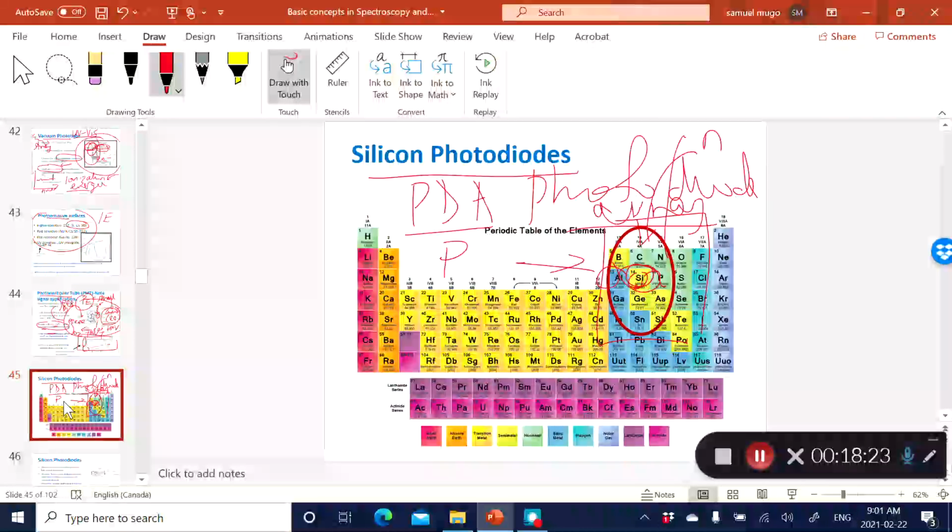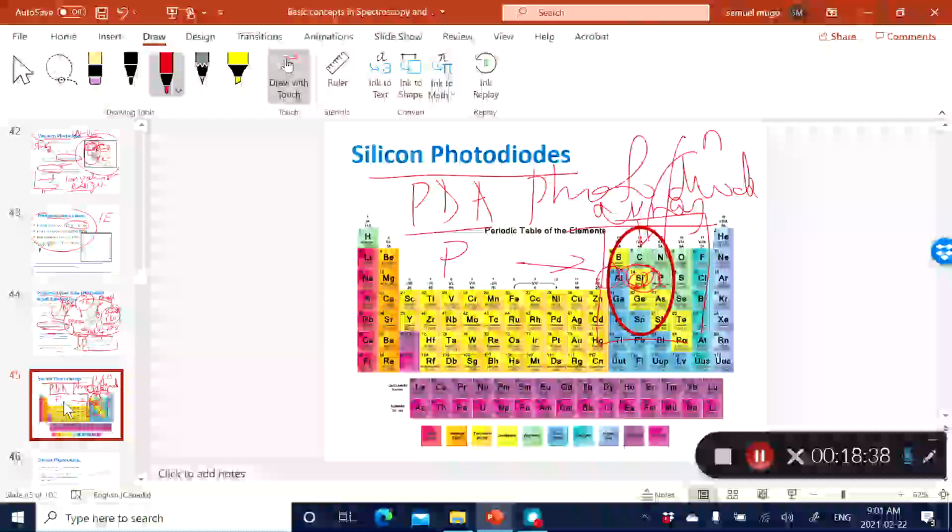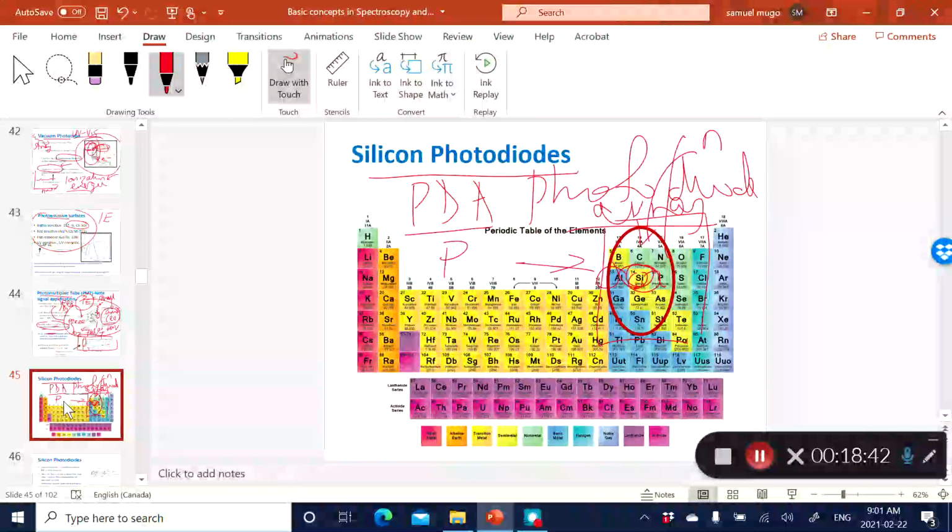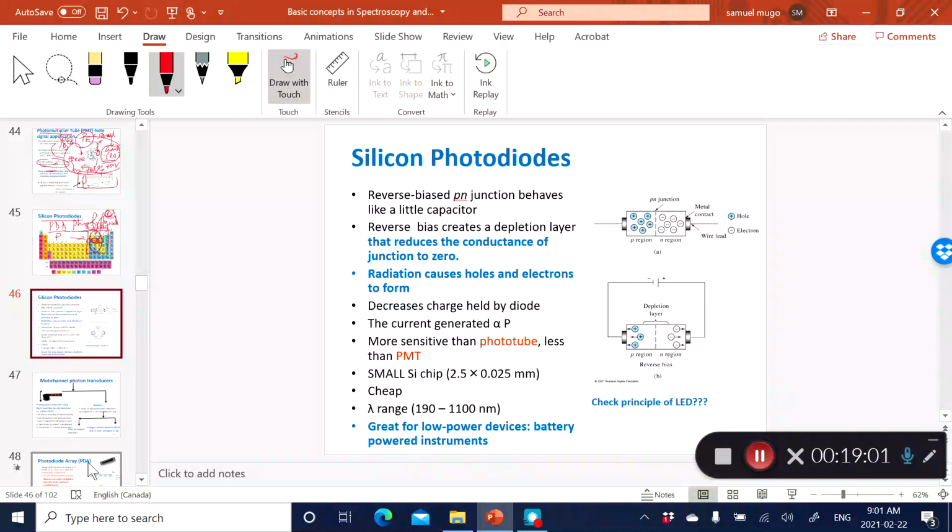If I dope silicon with aluminum, it is going to create pockets of holes, or electron-deficient vacancies, within that material. On the other hand, if I dope it with phosphorus, phosphorus has more electrons, so I'm going to have a lot more electrons within that material. And that is what I'm referring to as the N-doped type of diode. Okay? And that is what I have here.